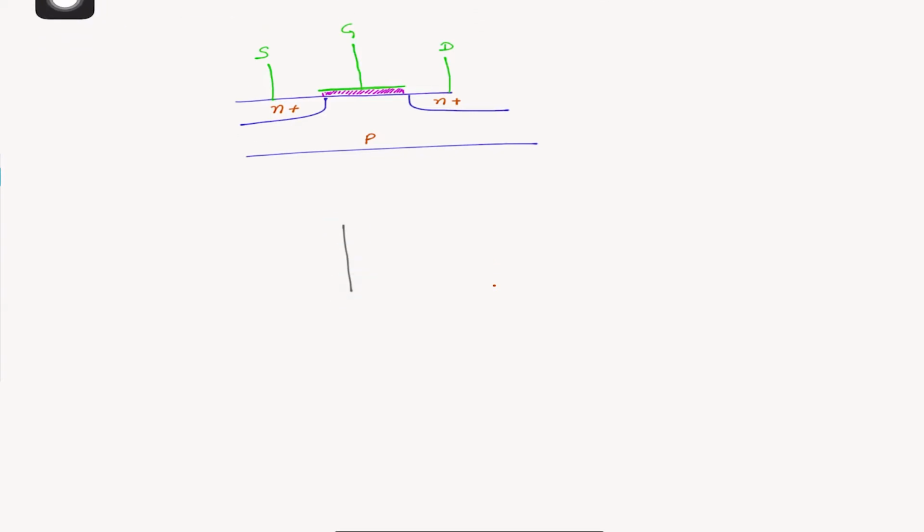Let's try our capacitor again. As I said, these are the two metals, and they have a material in between. Let's say this is silicon dioxide.